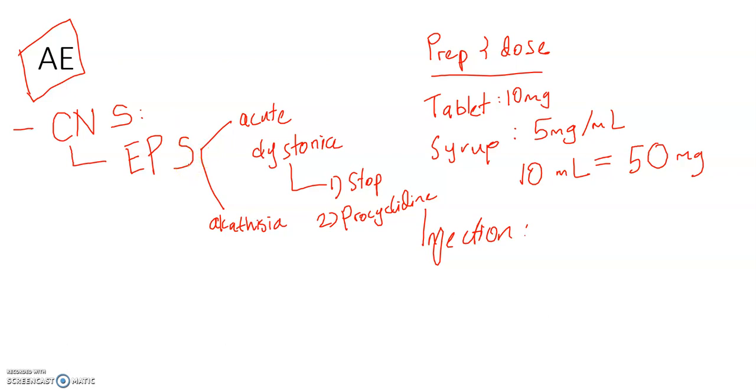Patients with schizophrenia and other psychotic conditions are given drugs from the same group as metoclopramide. It's a D2, dopamine 2 receptor antagonist.